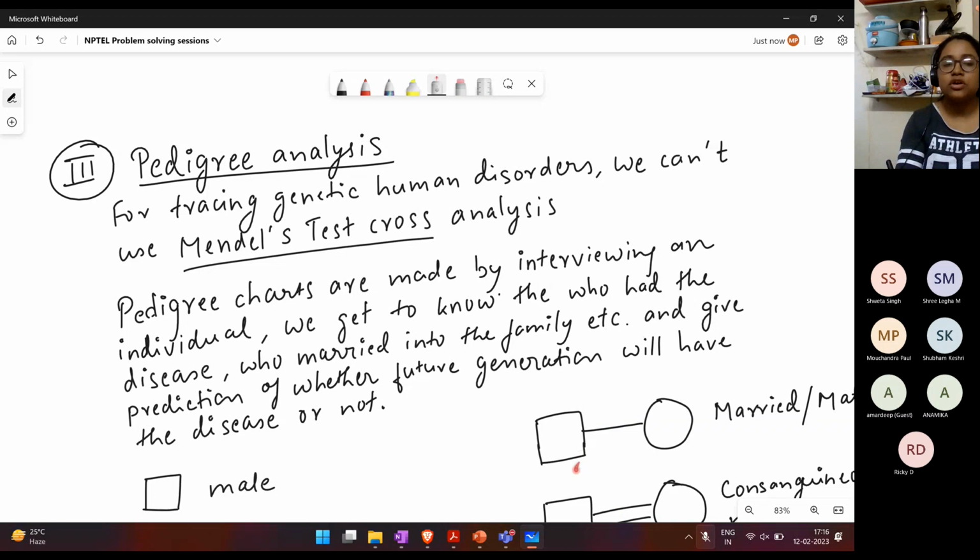Then, using the pedigree chart, we can predict whether the next or future generations will have the disease. We can give some probability of whether or not they will have the disease. All right, so this is what a pedigree is.